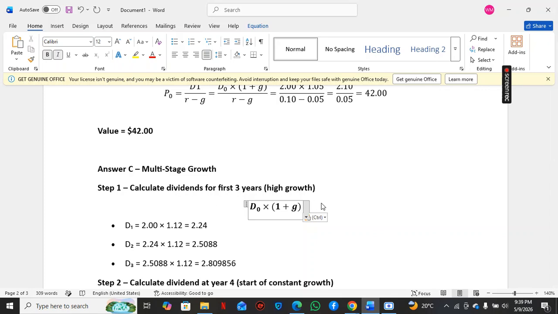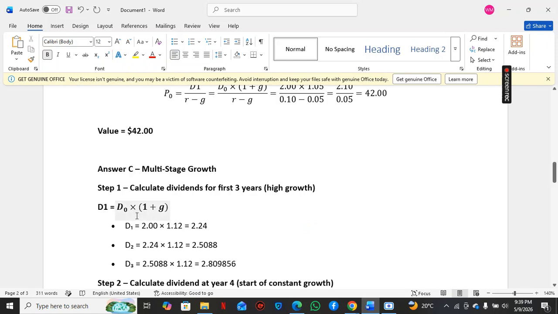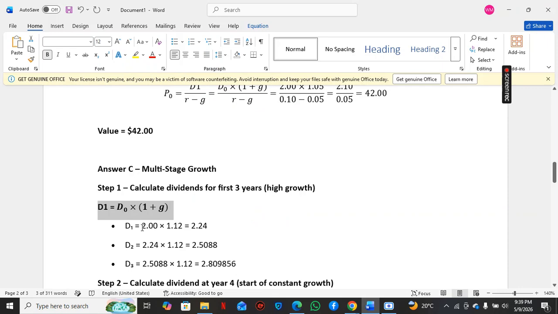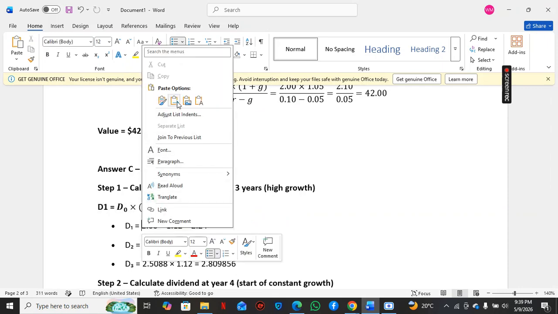This is the formula I'm using. The expected dividend for year one, D1, equals D0 multiplied by 1 plus g. Calculate the expected dividend for year one.